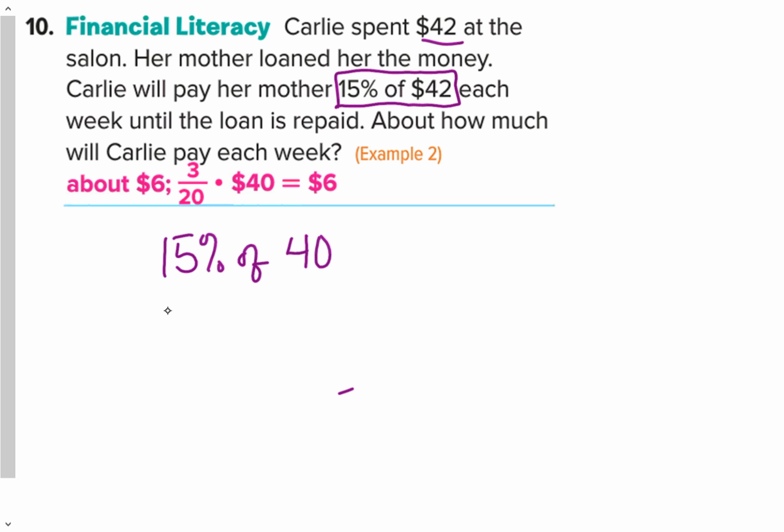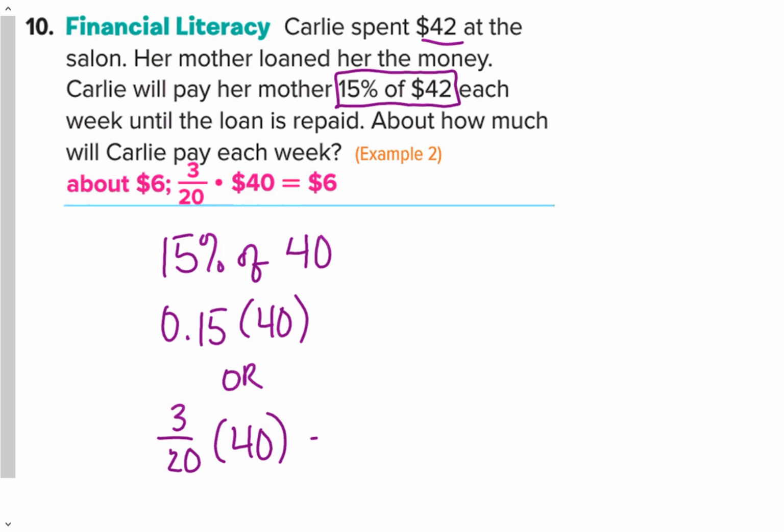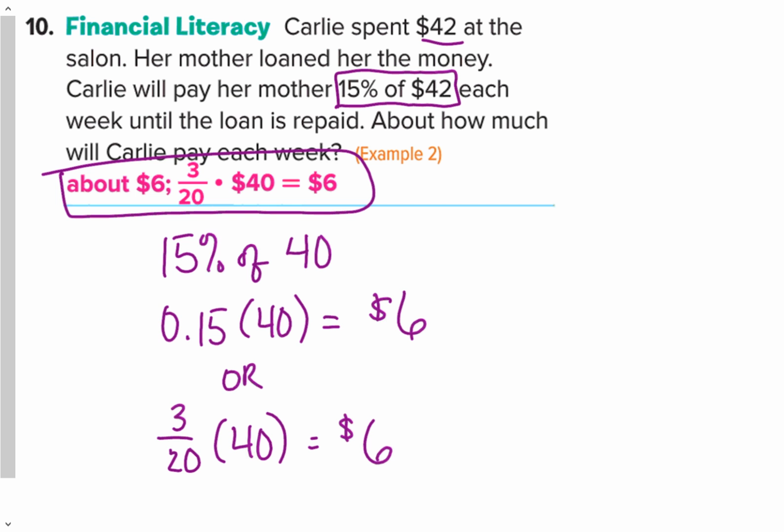So again, you can do 0.15 times 40, or you could do 3/20, which is 15% as a fraction, times 40. Either way, you're going to get about $6. So the answer is about $6 that she has to pay her per week.